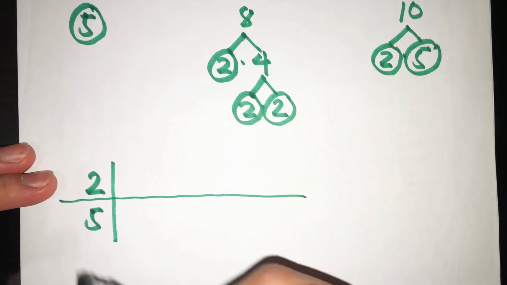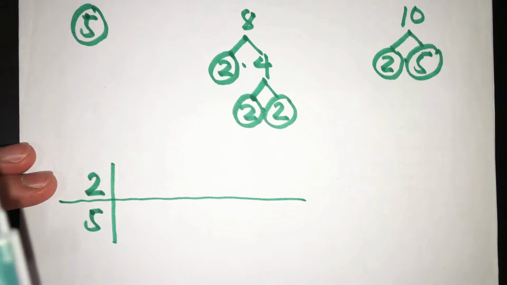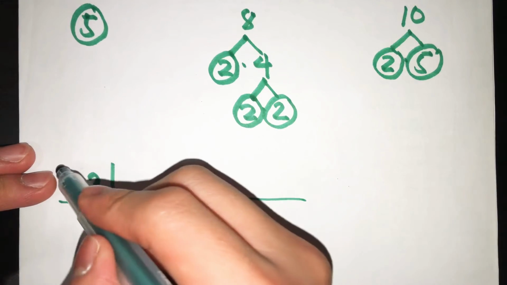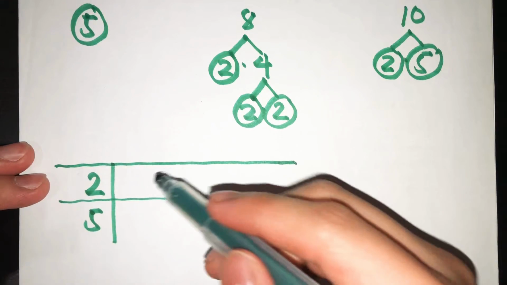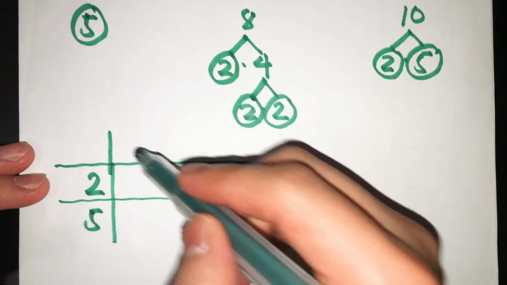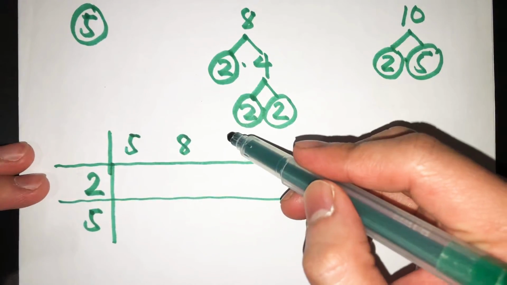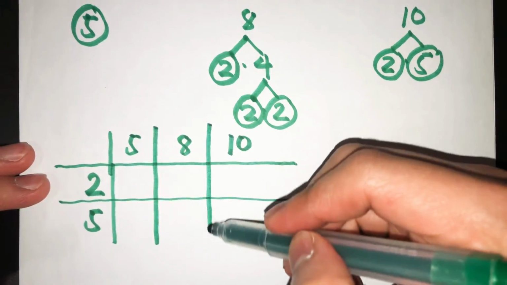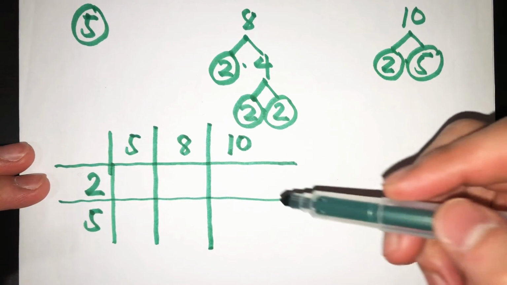Again, these 2 and 5 are the prime factors that you see in 5, 8, and 10. Okay? Then we have now 5, 8, and 10.